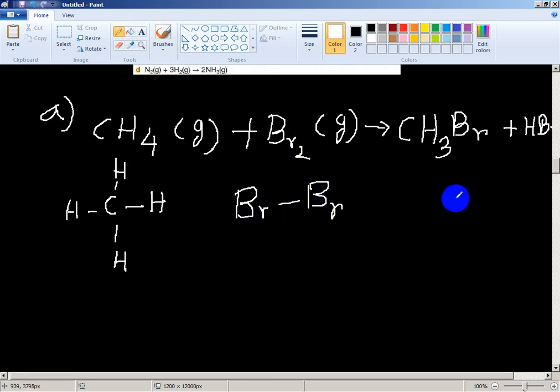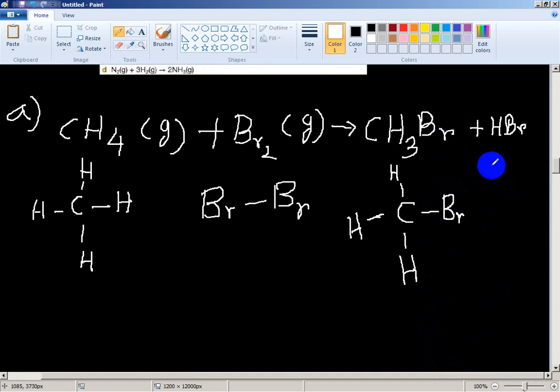Here carbon hydrogen bonds: one, two, three carbon hydrogen bonds. Here is one carbon bromine bond. Here is one hydrogen bromine bond.